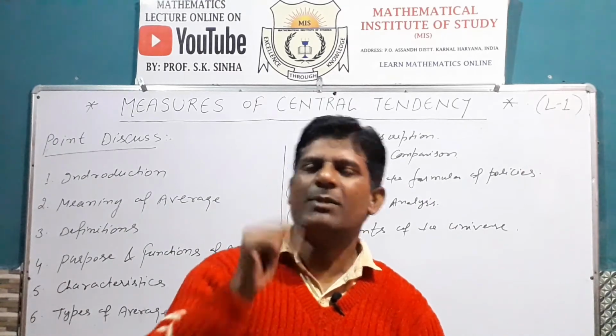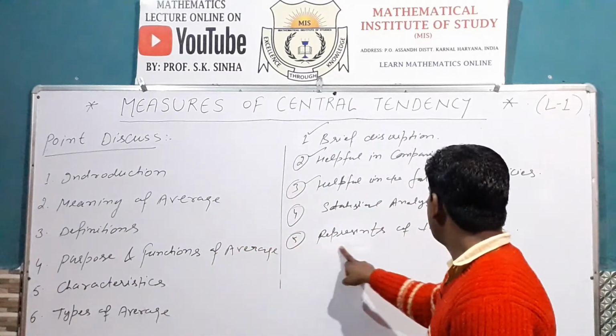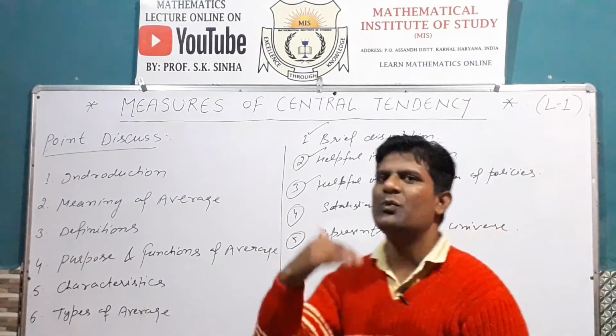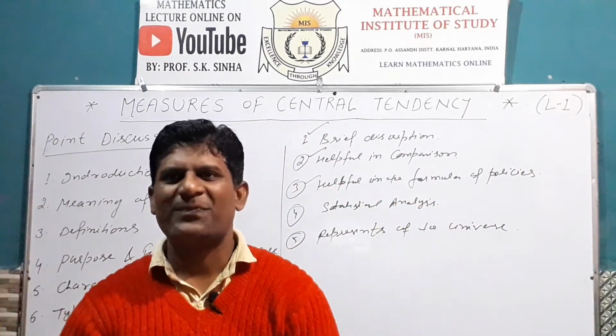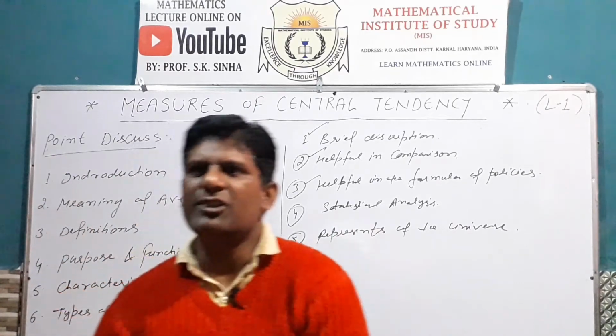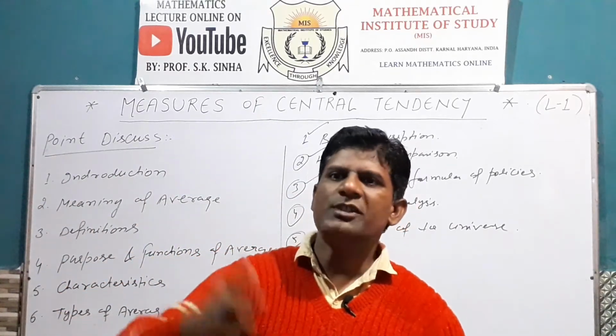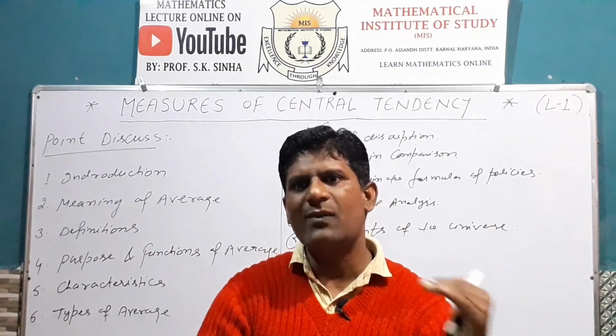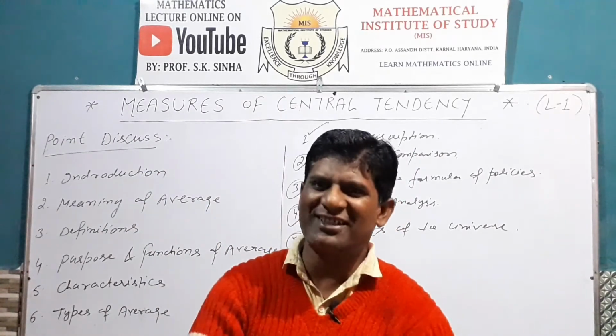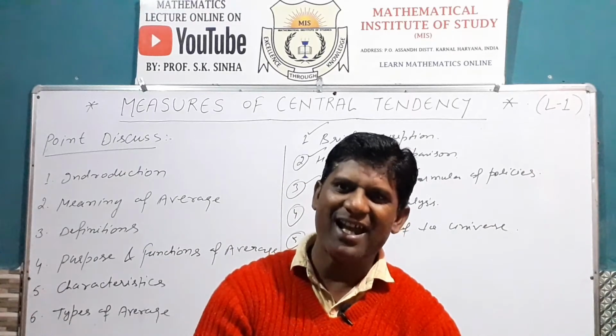Number 5, the last, is representation of the universe. Average represents the universe or the mass of statistical data. Averages help in knowing the characteristics of the universe as well.